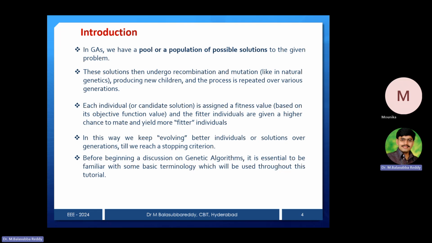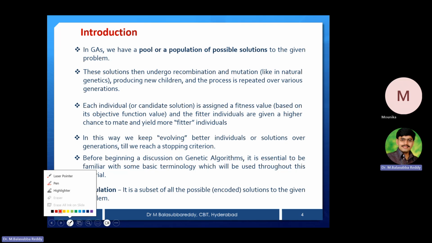Before getting into the genetic algorithm, it is essential to be familiar with some terminology that we'll see before starting. That's how the introduction starts with any topic. Here, one is population. These are some of the terminologies required while we are doing the problem.